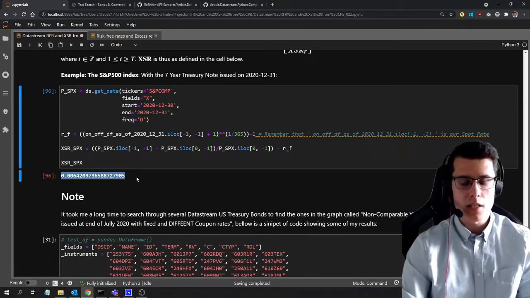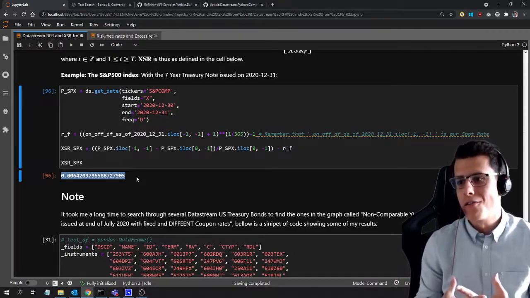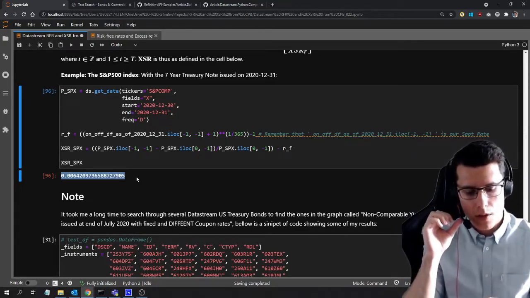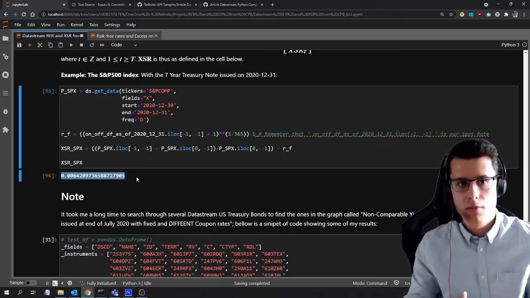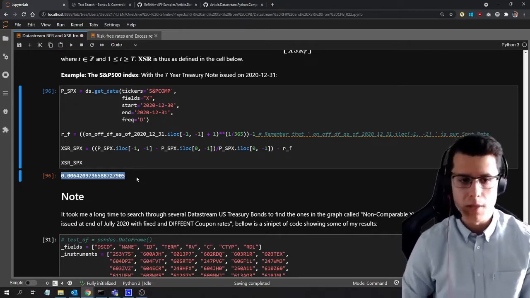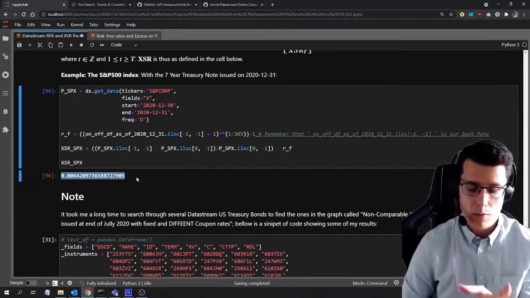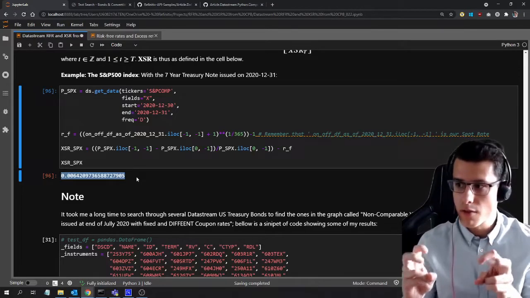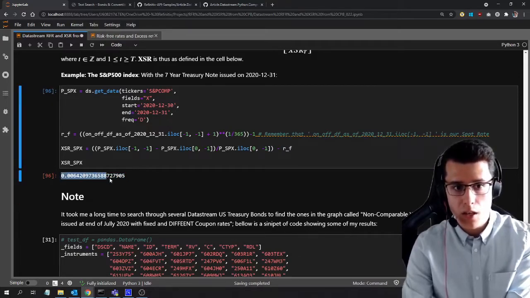So now what we're seeing is that if an investor on the 30th of December was to choose between investing in the S&P 500 and this bond provided by the Fed, then the S&P 500 would have provided a return higher than this risk-free rate by this much in absolute terms.